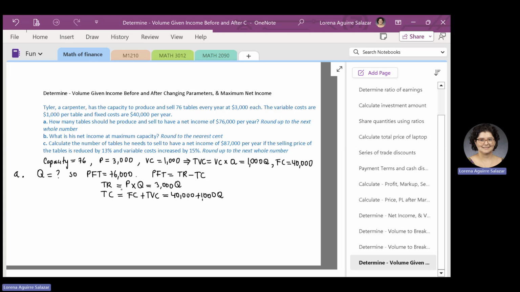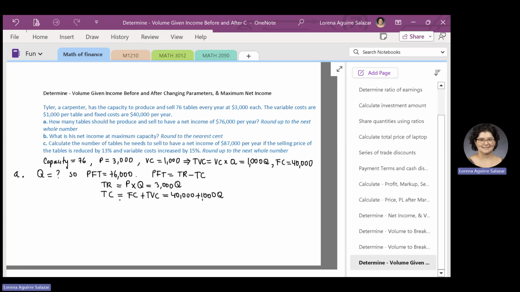So, according to the statement of part A of this problem, we want to make sure that the total revenue, the amount of money received or brought into the business from the sales of the items produced and sold, minus the total costs should be 76,000. That's what we want to have. And we want to find Q so that this is true.